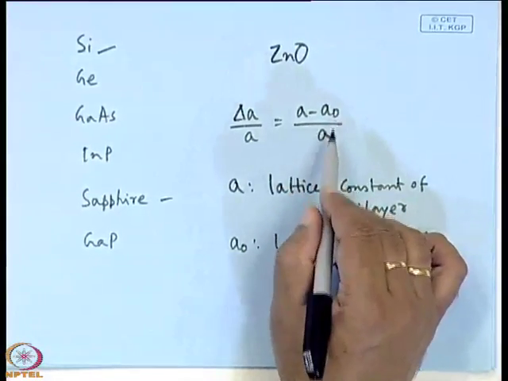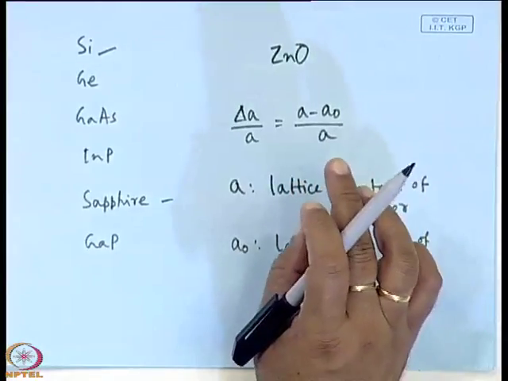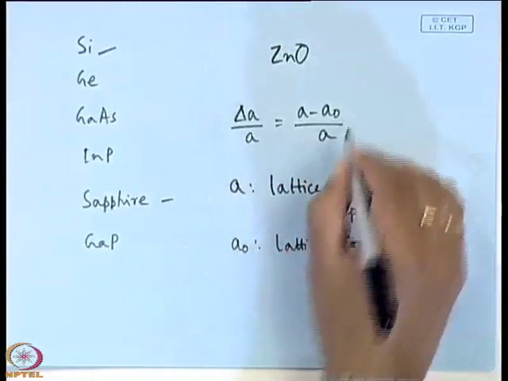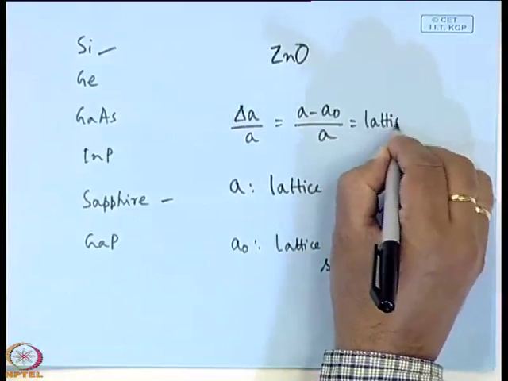So, (a minus a0) by a gives the lattice mismatch. It is a parameter to describe the lattice mismatch.